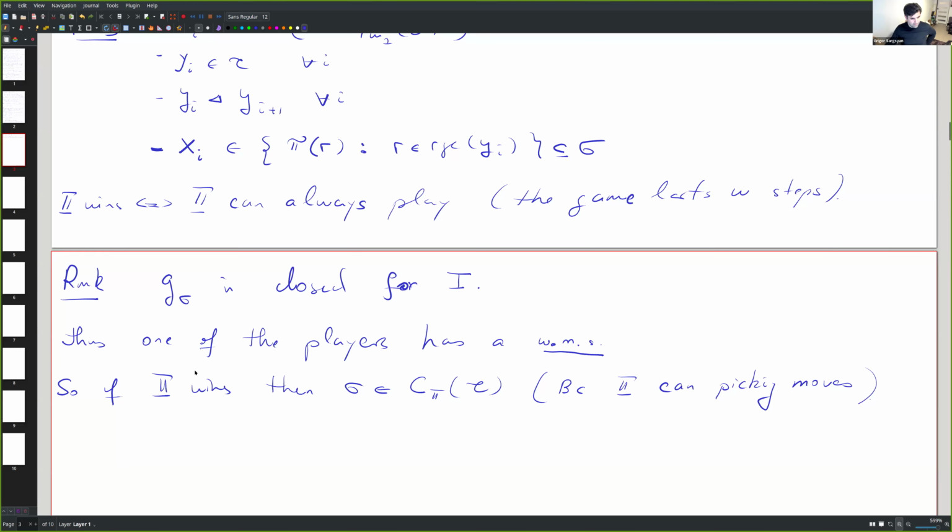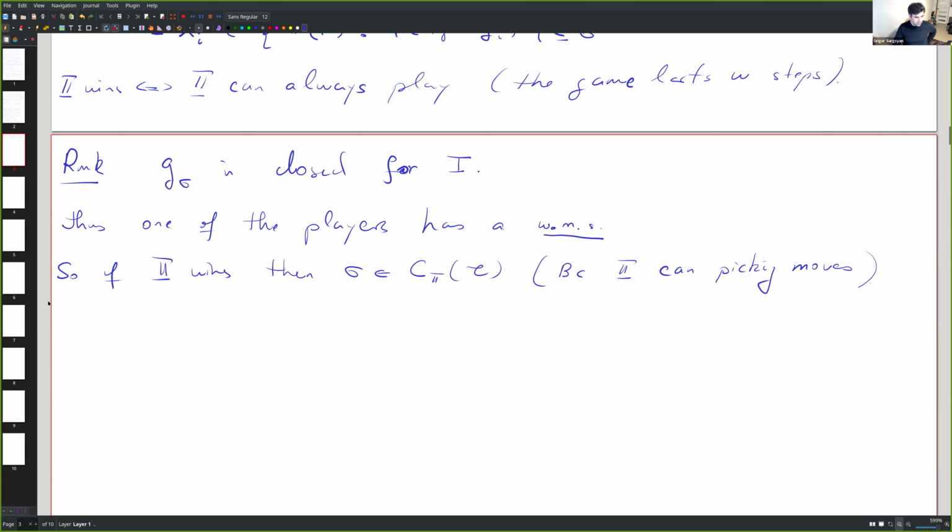Okay, so this is easy. Now, therefore, 1 wins G sigma. Okay. Now, because 1 wins, we have actually one particular strategy, right?